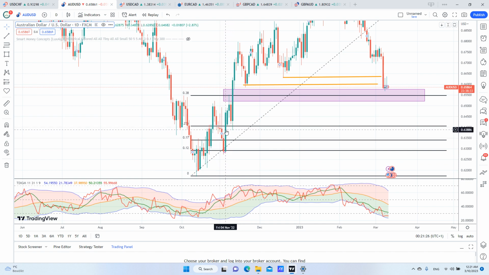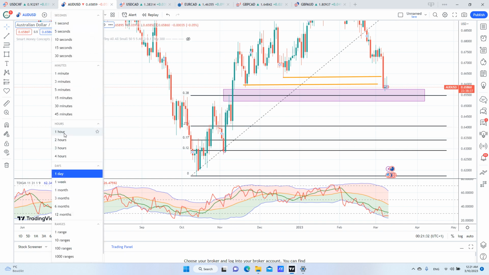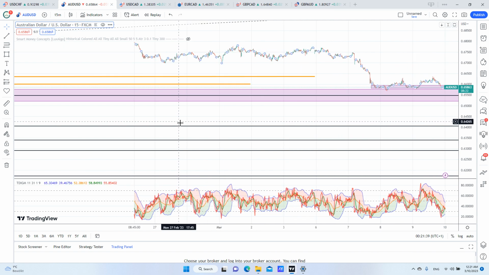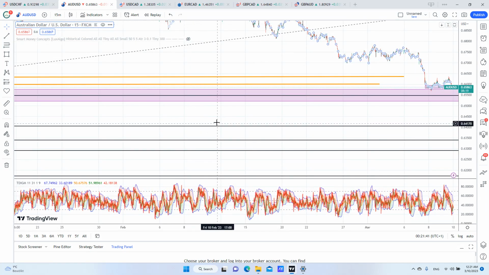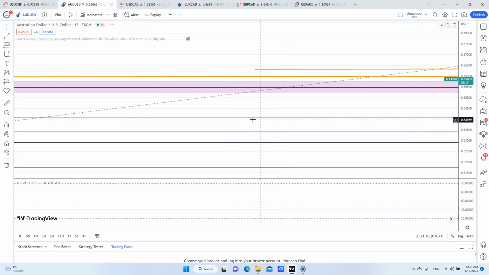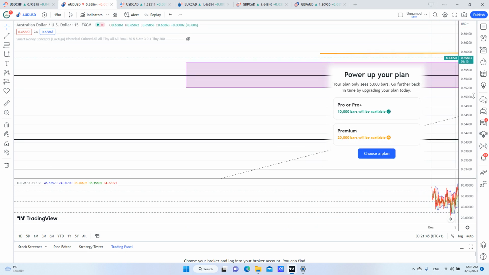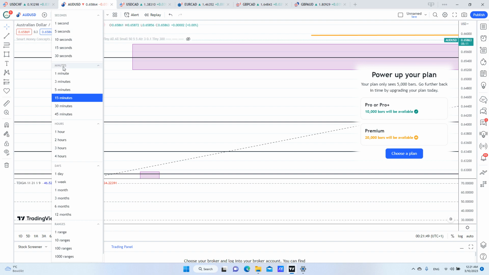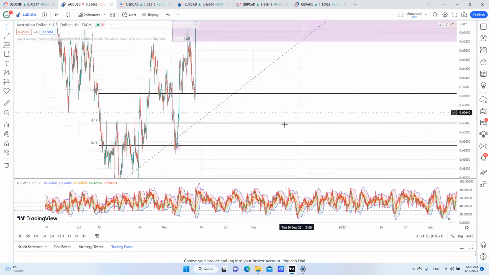I think it should be here. Because this pattern, okay.